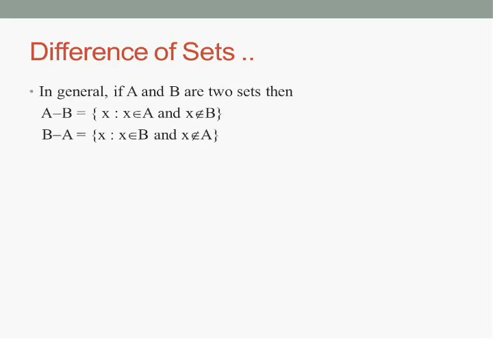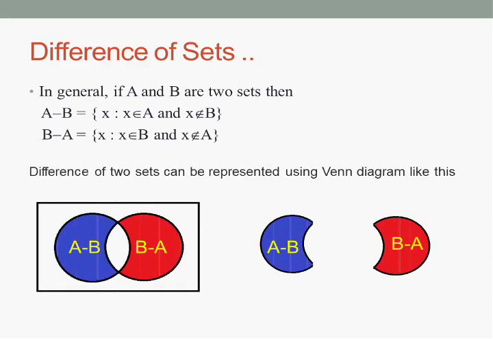In general, if A and B are two sets, then A minus B equals the set of all x such that x belongs to A and x does not belong to B. Similarly, B minus A equals the set of all x such that x belongs to B and x does not belong to A. Difference of two sets can be represented using a Venn diagram like this.